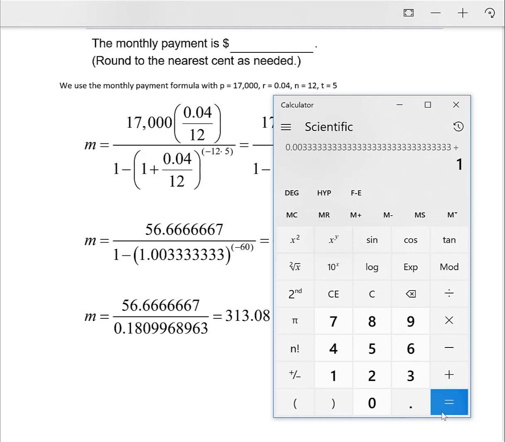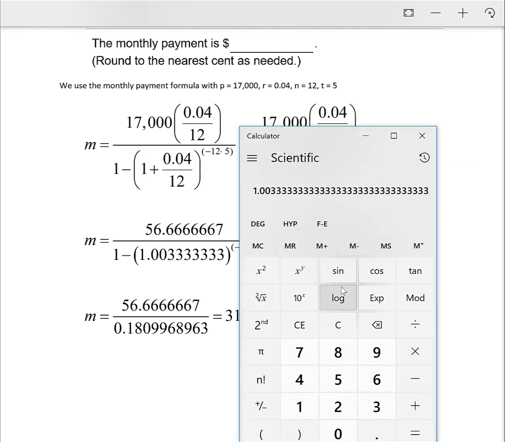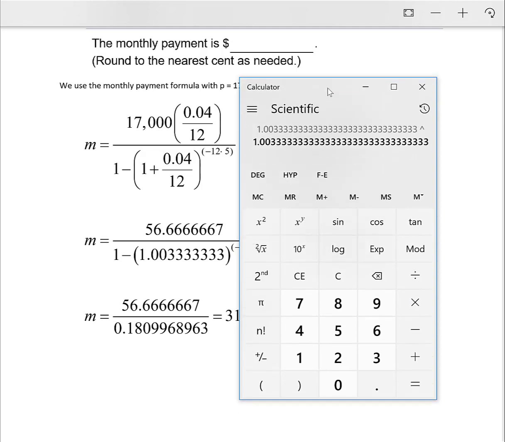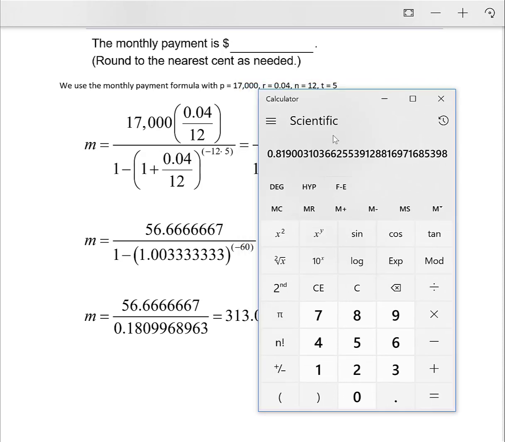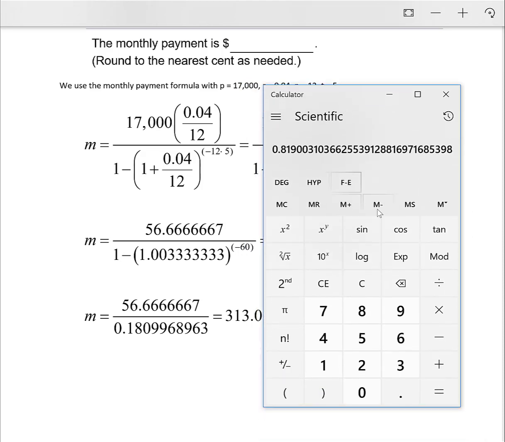Plus 1. And we're going to raise that to the negative 60th power. Now, in this calculator, you put the number in and then you negate it. Okay, so I've got 0.89, which is what I showed over here. And now I'm going to put this in storage. And then I'm going to say 1 minus memory recall.